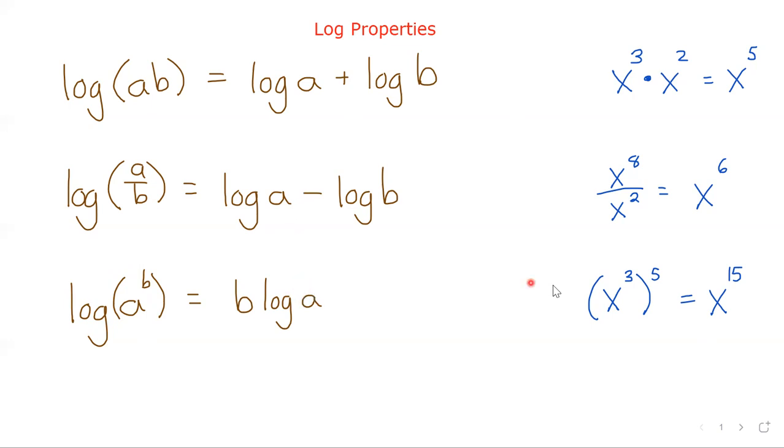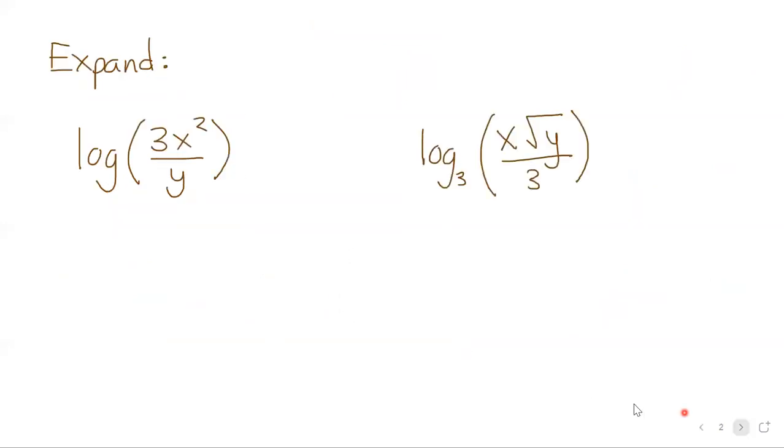We have a rule that says if you have something with an exponent, you multiply the two exponents. Again, log of A is an exponent. Logs are exponents. We're multiplying the two exponents here. So I hope that shows you that, in fact, these three log properties and these three exponent properties are actually the same thing. If you don't totally get that, it's okay. You can still memorize these three properties, and these are really the ones that are going to come up.